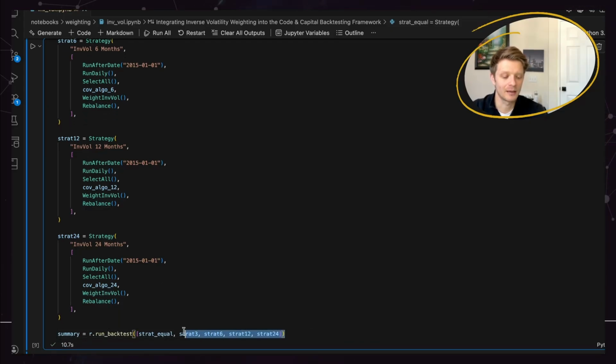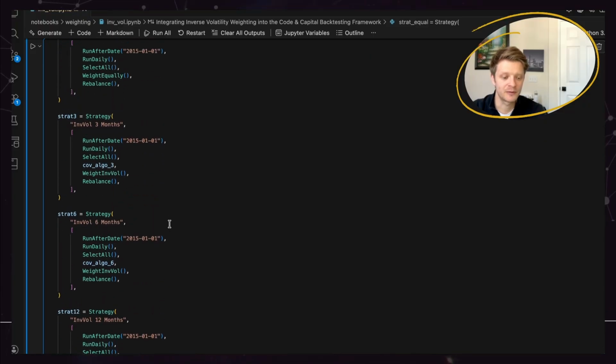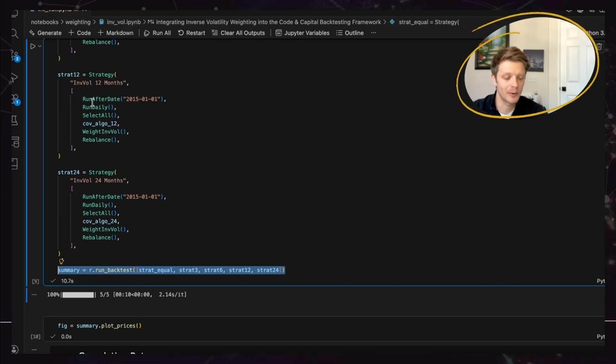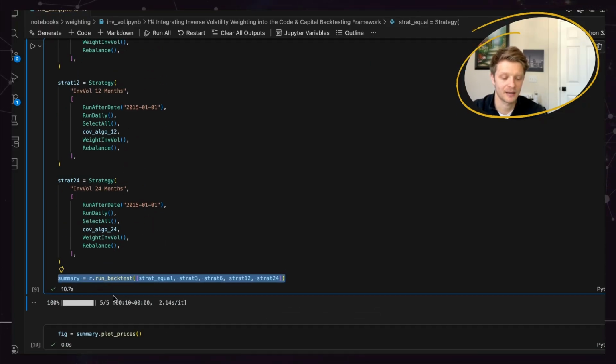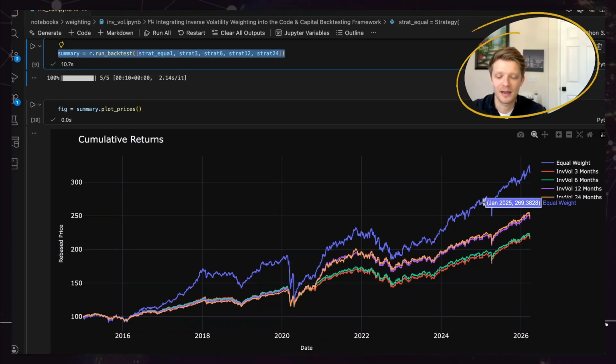As you can see, I ran that backtest, and our 5 different strategies, including equal weight, ran in under 10 seconds. If we now look at it, we can see that equal weighting our portfolios outperforms all of our different time frame lookbacks for inverse volatility, which makes sense.